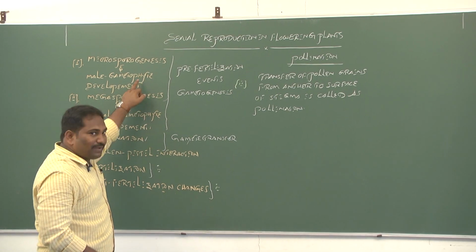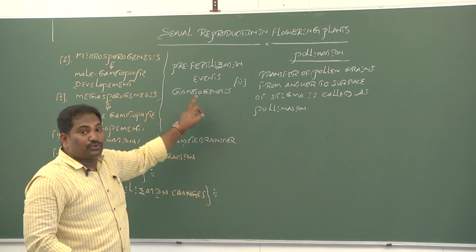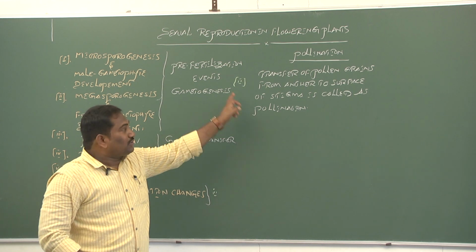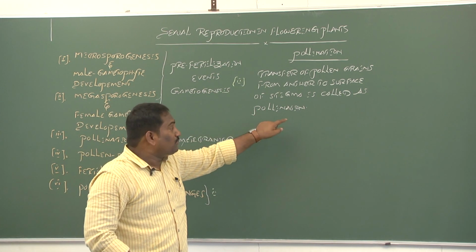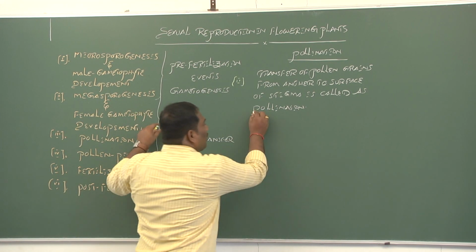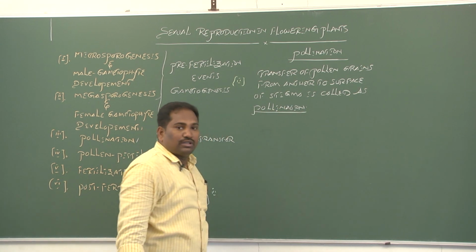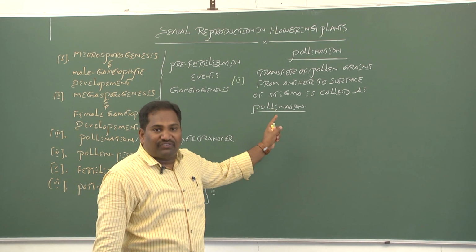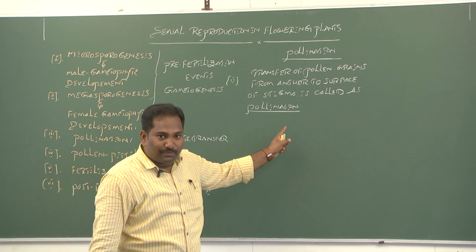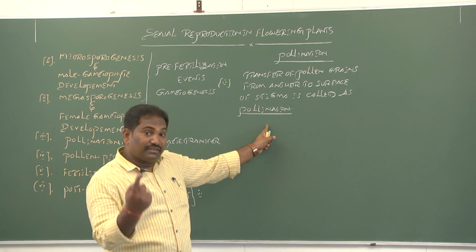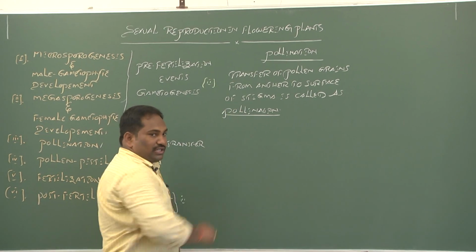So the male and female gametes are brought together for fertilization. For this, one of the most important mechanisms is pollination, the best mechanism to achieve fertilization between male and female gametes.